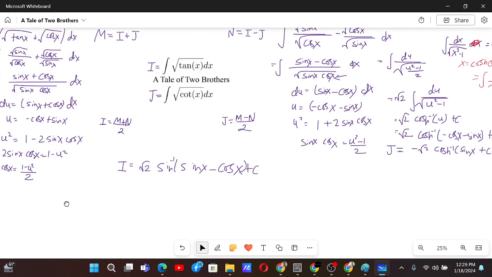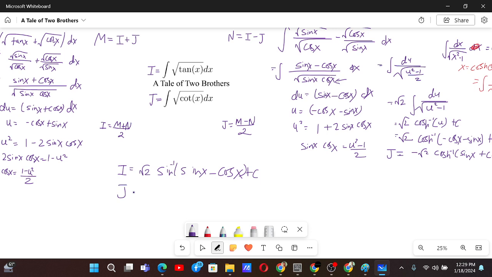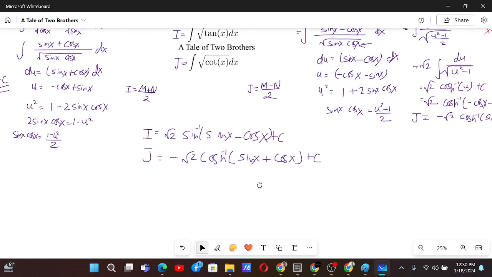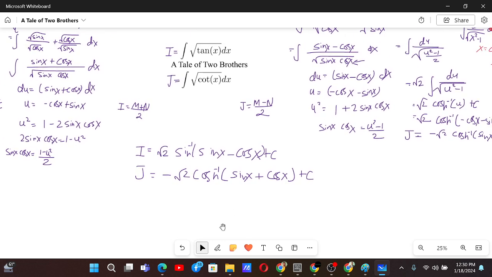Yeah, and our j is minus root 2 times cosh inverse sin x plus cos x plus c. Now we can find, sorry, these are not I and j, these are m and n. So this is actually n and this is m.